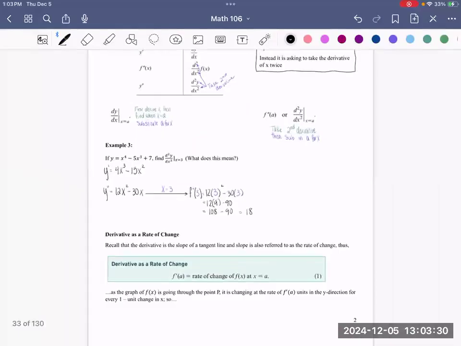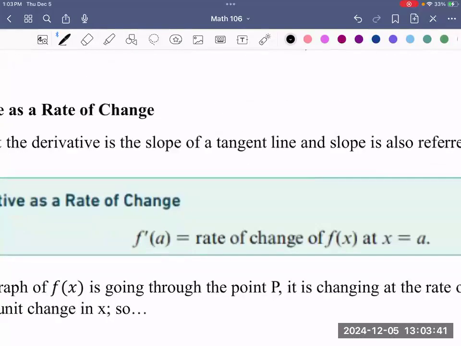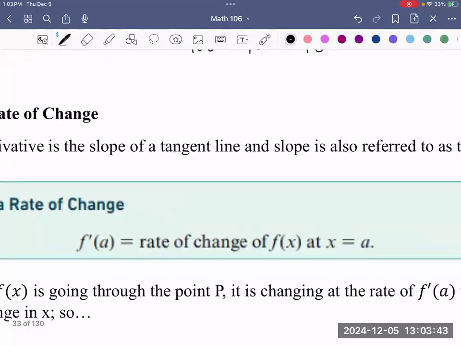Now the derivative as a rate of change. Recall that your derivative is the slope of the tangent line, and the slope is referred to as the rate of change. Thus, if we're looking at f prime of a, this is the rate of change of your function when x is at the value of a, a particular point that you've selected.